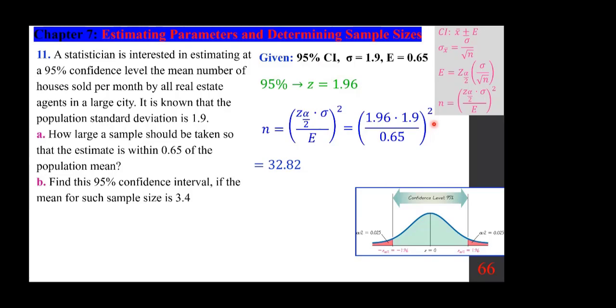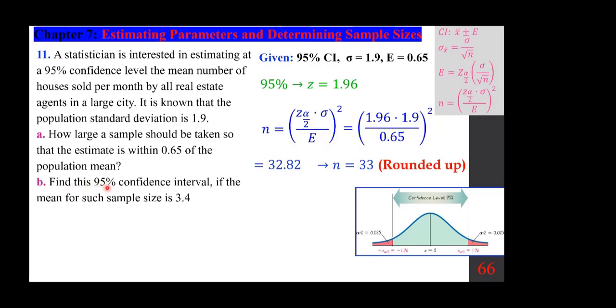Now, whatever number you get, it must be rounded up. In other words, it's 32.1 or 32.8 makes no difference. The answer in both cases is 33. Because this is the least number we need, we will always round up.